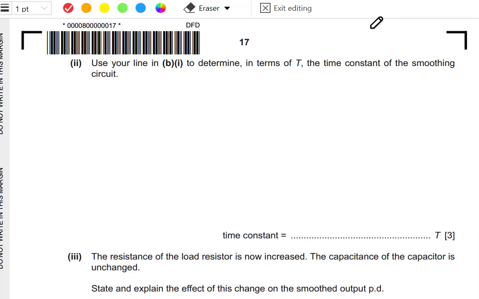Use your line to determine in terms of T the time constant of the smoothing circuit. So we have V over V naught equal e to the power minus t over tau. Tau is the time constant here. Ln 2 over 3. Why 2 over 3?